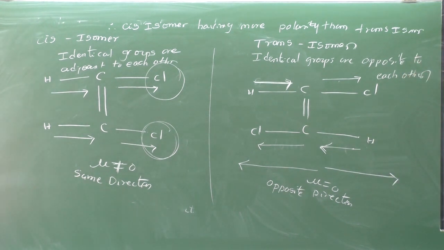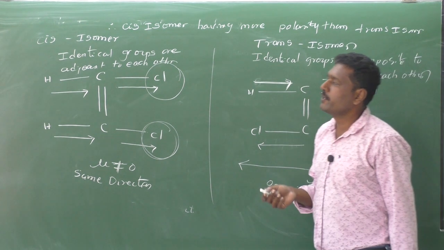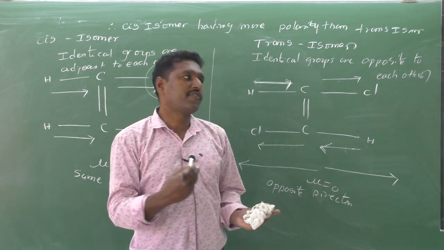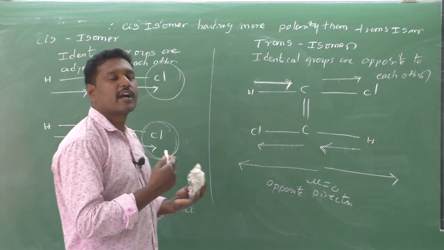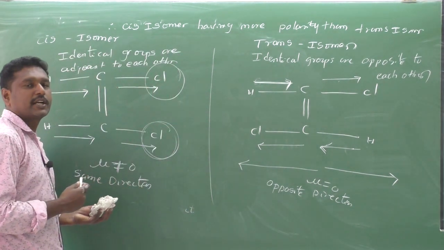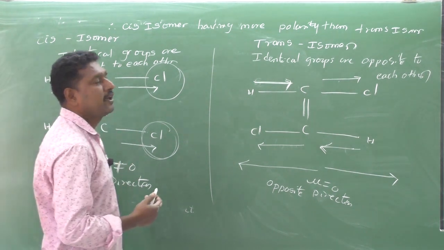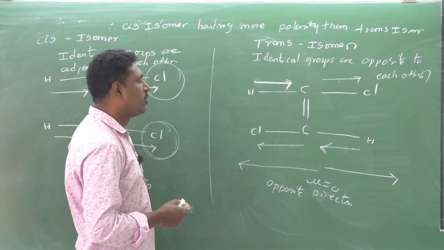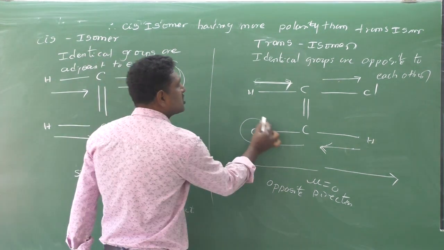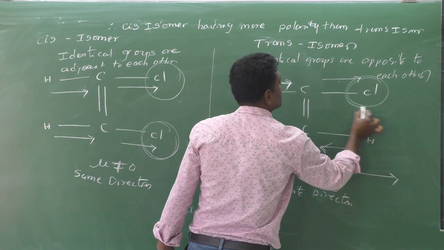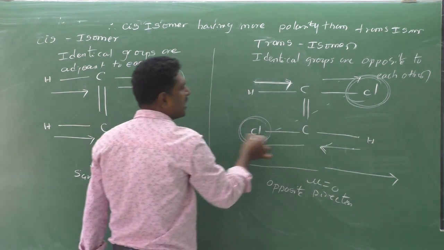So this is also one of the important points. Because of dipole moment, we confirm that the cis isomer has more polarity than the trans isomer. In case of trans isomer, identical groups are in opposite directions.